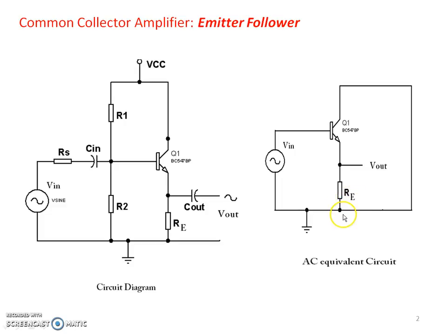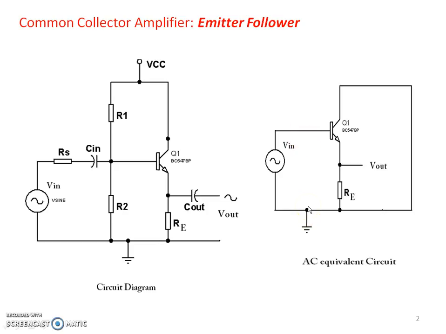Since collector is at the ground potential, we can say that the output is taken between the emitter and collector terminals, whereas input is connected between the base and collector terminals.